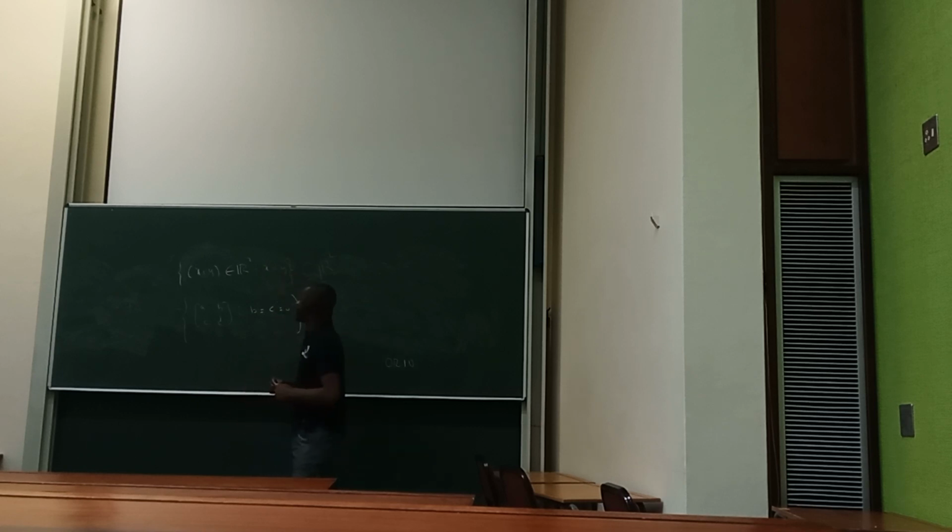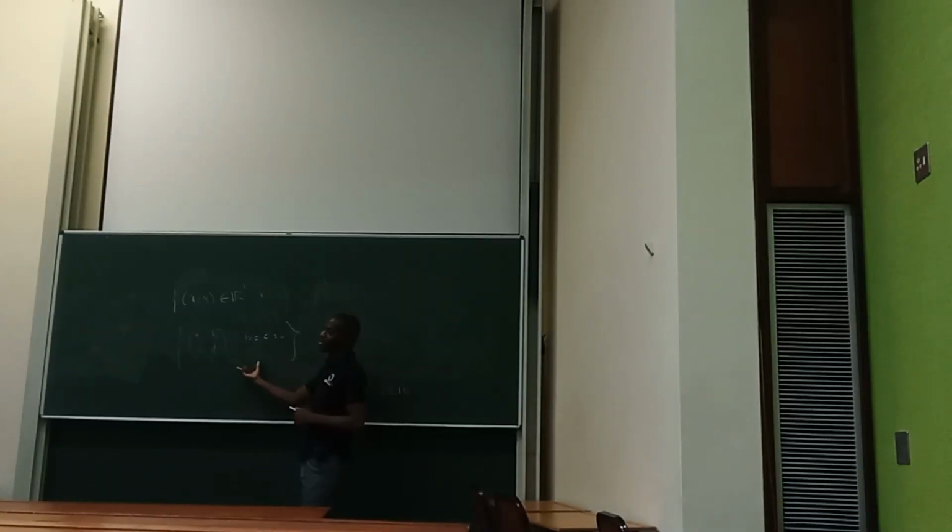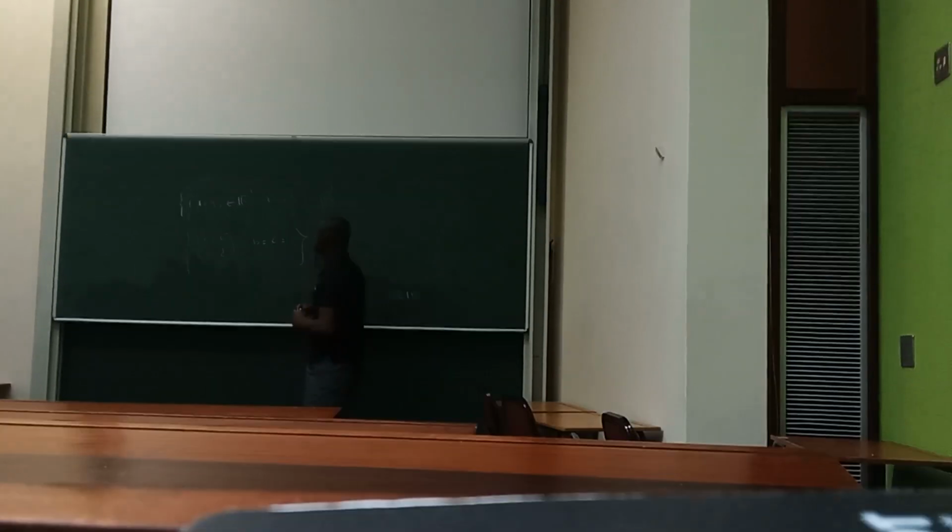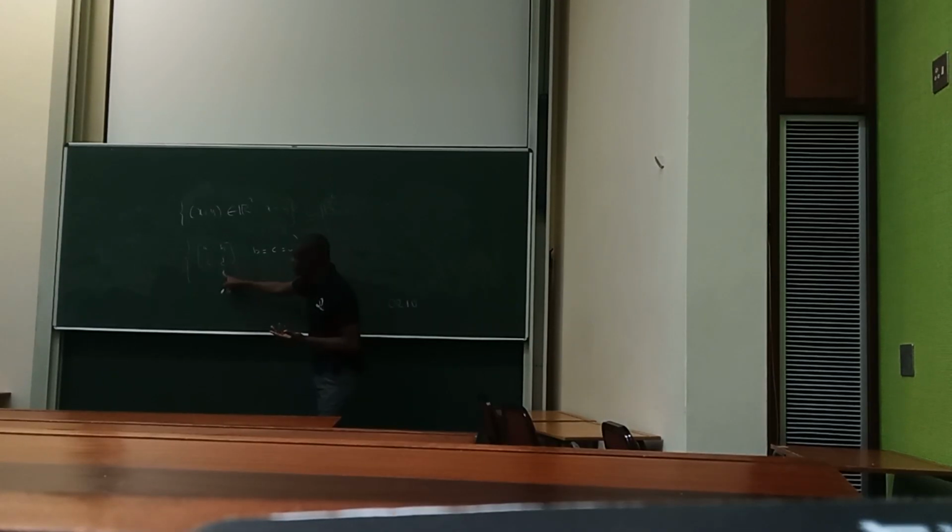Here I told you that a matrix is a table. So here it is a 2 by 2 matrix. We call it a 2 by 2 matrix. It has 2 rows and 2 columns. Okay?